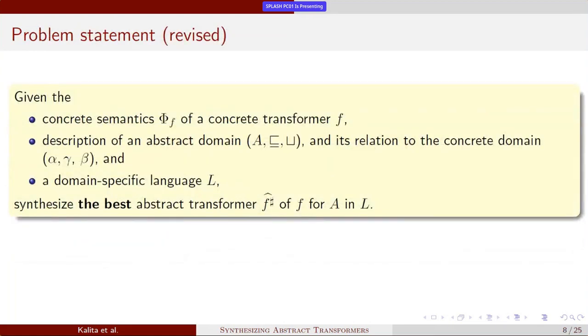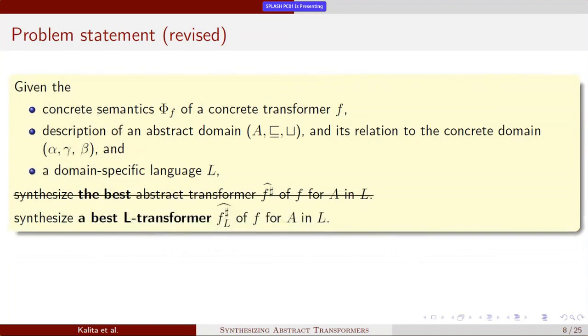Now, let's revisit the problem statement we defined earlier. We said, given the inputs, can you synthesize the best abstract transformer F sharp hat for abstract domain A in language L?